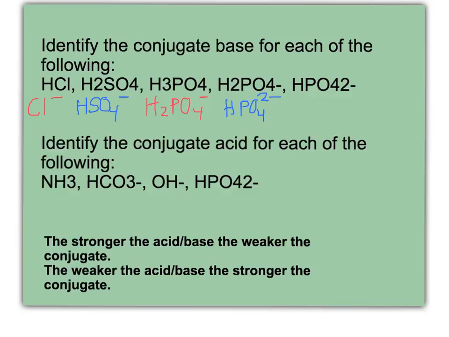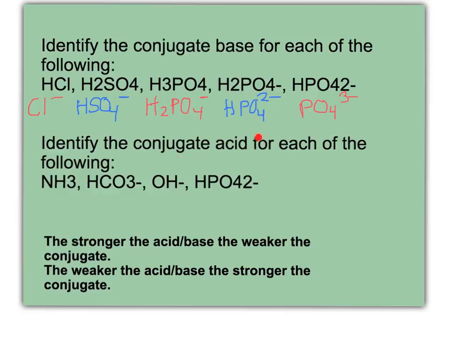The last one, HPO4 2 minus, you're going to remove an H plus from it, so you'd be left with no hydrogens, you'd be left with PO4, and then you were 2 minus, you removed a plus, and so total is 3 minus. Okay, the next set, you want to identify the conjugate acid.